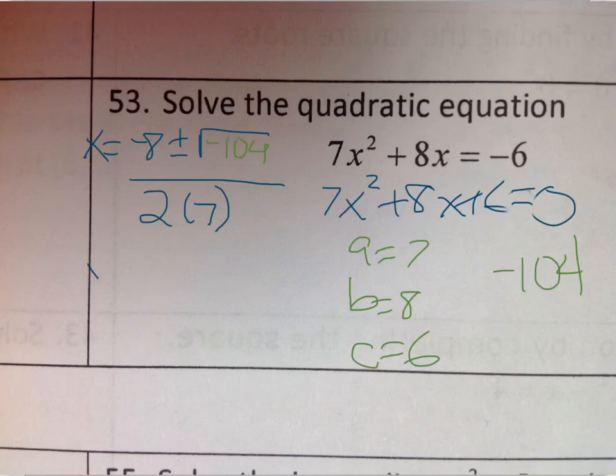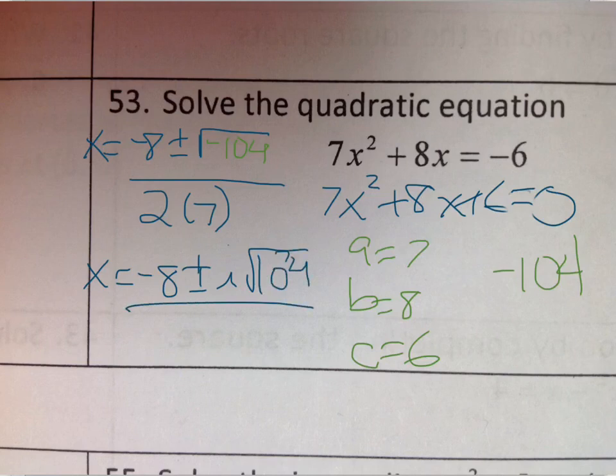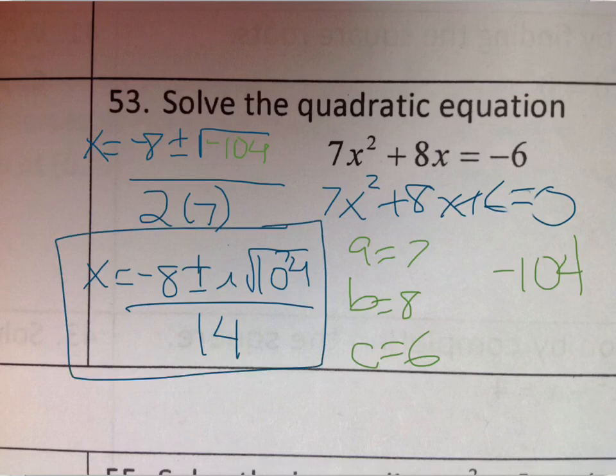So what that's really going to look like is x equals negative 8 plus or minus i square root of 104 over 14. So just leave the i out there and then the rest of the problem is fine.